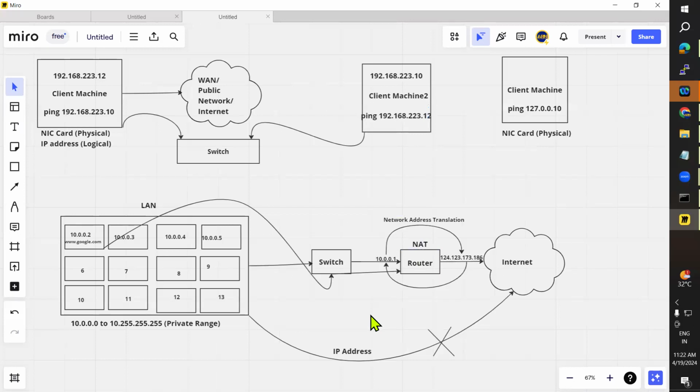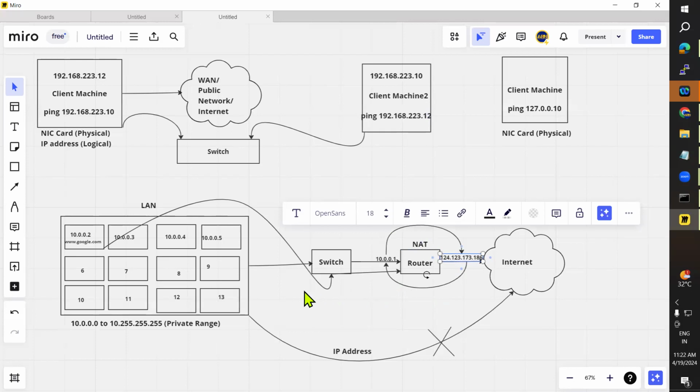So what did you understand here? Every system is able to communicate with the public network without a public IP address. A single public IP address provides internet to multiple machines. If you don't have the NATing concept, every machine would need a public IP address. If everyone in the world used public IP addresses, the IP addresses would not be sufficient.